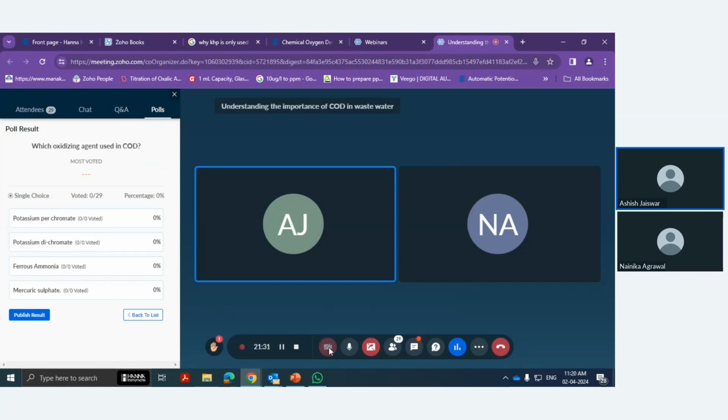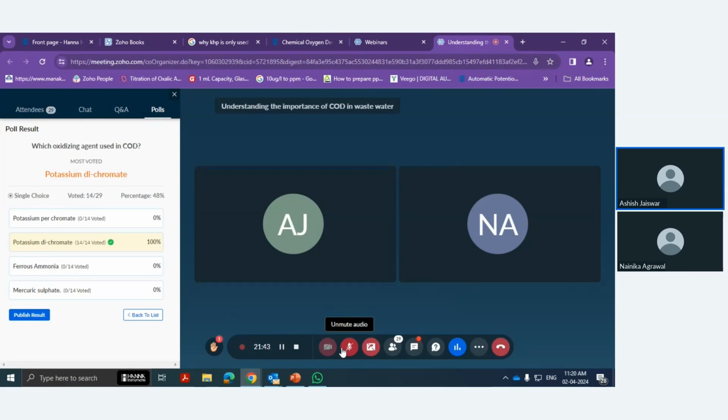Please give the answer in 30 seconds. Okay, this answer is potassium dichromate.